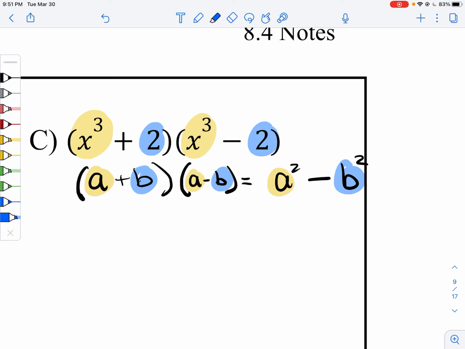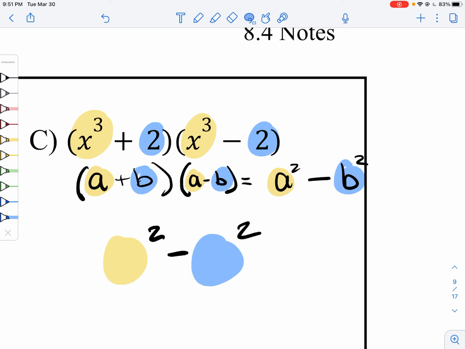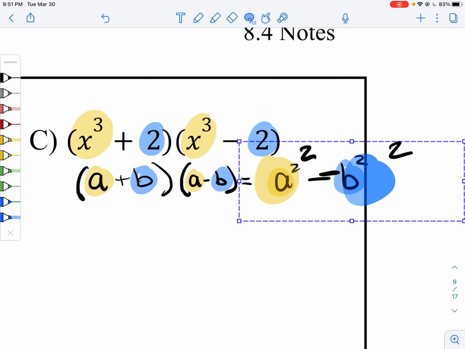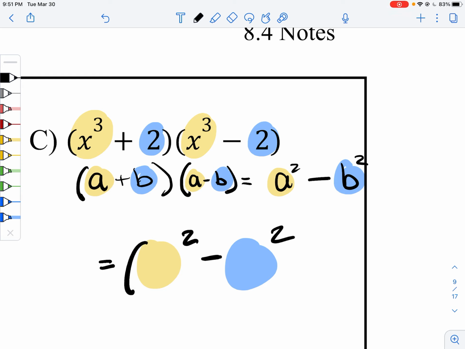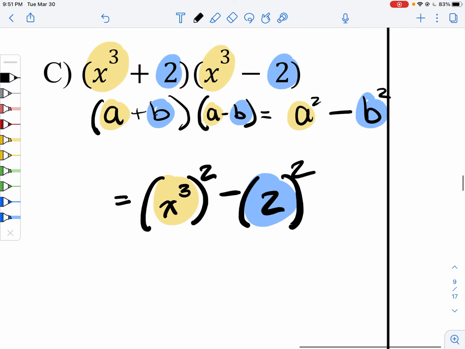So that means our final answer is going to be whatever our A term is squared minus whatever our B term is squared. It's going to be the same thing. Which is x cubed squared minus 2 squared. Well, x cubed squared, we've got some exponents to multiply together. So cute. x to the 6 minus 2 squared is 4.